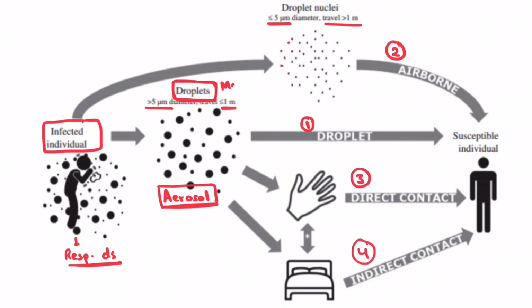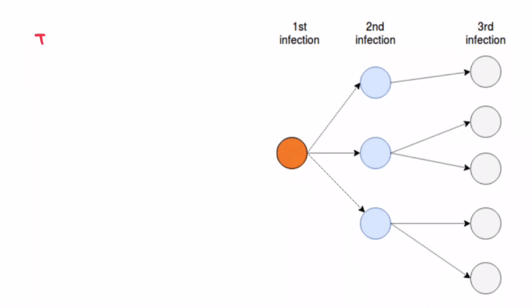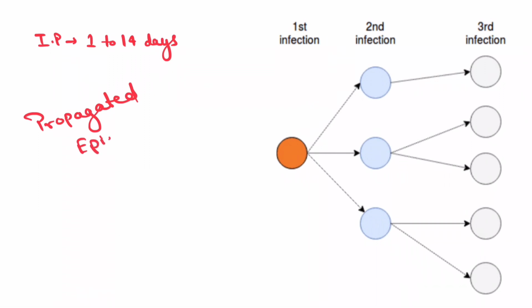This is the most common mode of transmission. Now the incubation period is from 1 to 14 days, and this epidemic is a type of propagated epidemic.